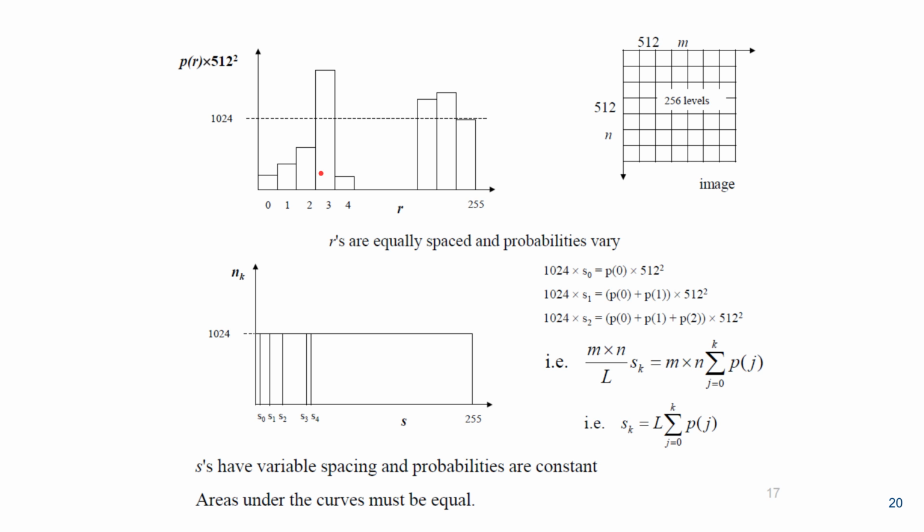Okay, that's what we're trying to achieve here, so that the output histogram will look something like this. These are the output pixel values and their occurrence. This is the output histogram and the input histogram. So that's how we do that.